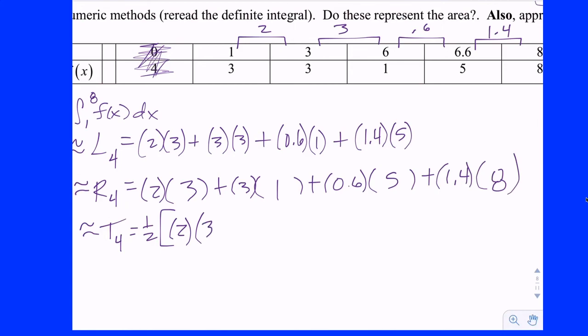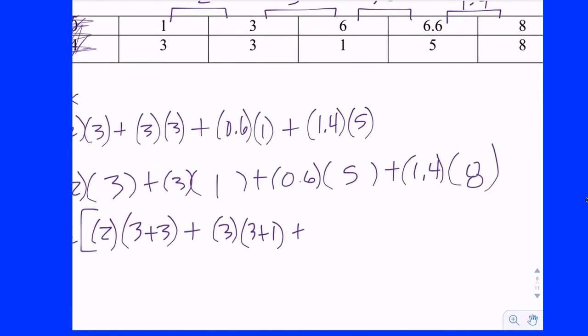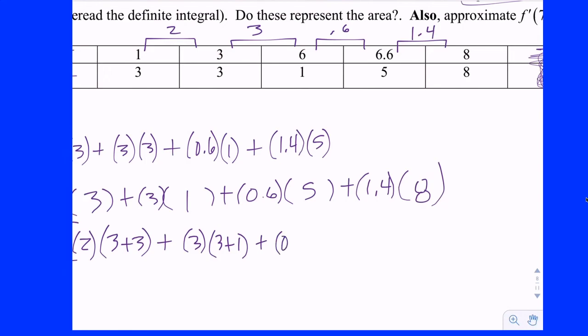No. I want to indicate my method. Good. Plus, the next width is 3 times the sum of those two y values, which is 3 plus 1. Plus the next width, 0.6, times the sum of the two y values on either side, 1 plus 5. And then plus, finally, the width of 1.4 times the sum of the two y values on either side, 5 plus 8.